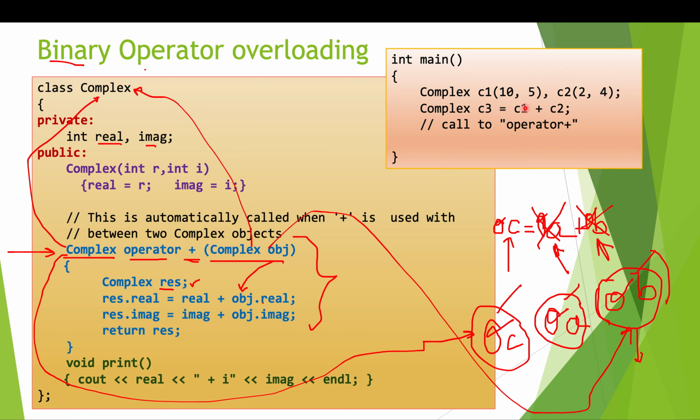So when we write this, C1 is calling the plus operator function and C2 is passed as the input while calling the function. Whatever the function returns is saved in the C3 variable, and the C3 variable is again an object of class Complex.